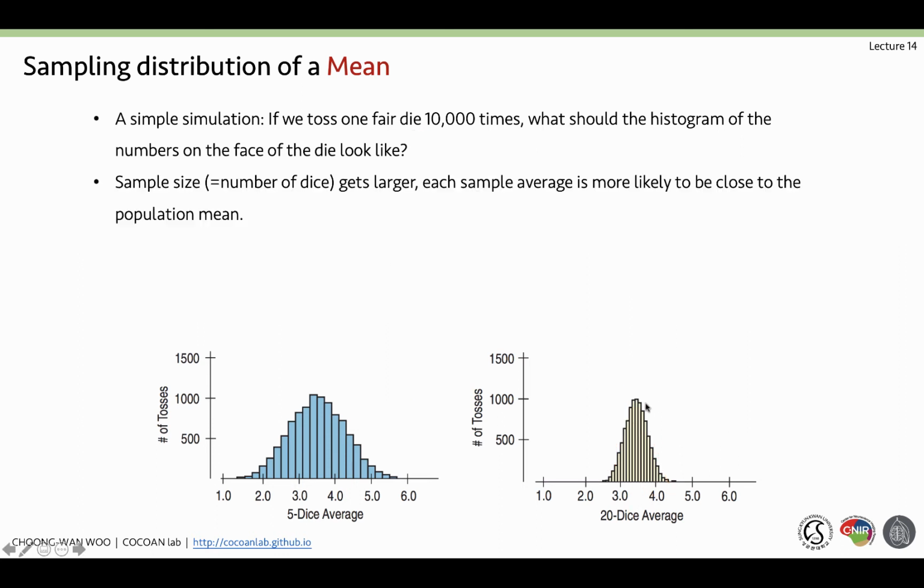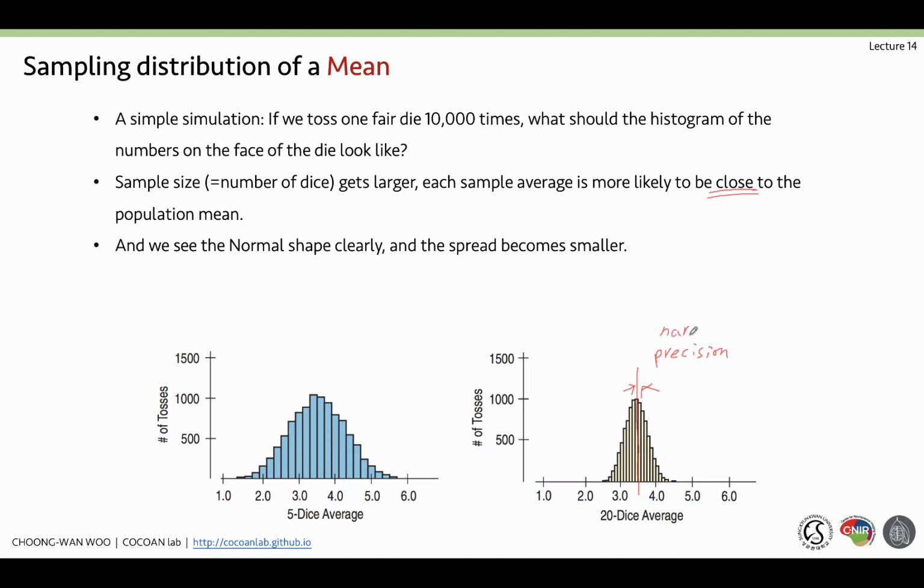The distribution gets narrower. That means you get better precision of the population parameter. And we see the normal shape clearly, and the spread becomes smaller.